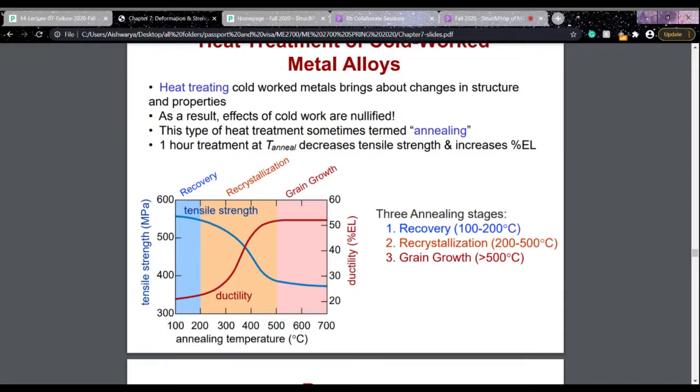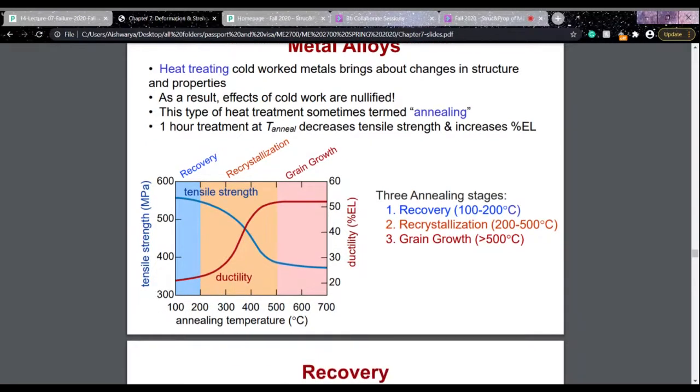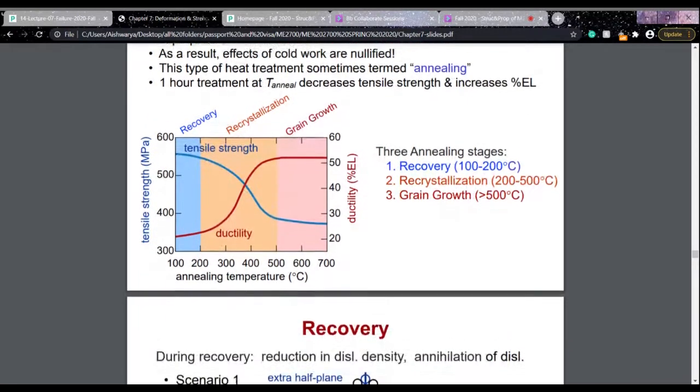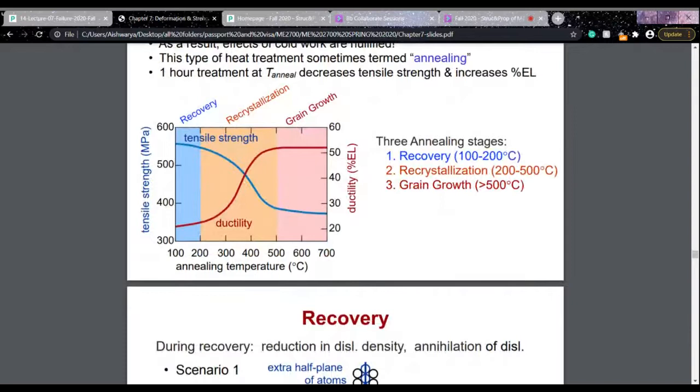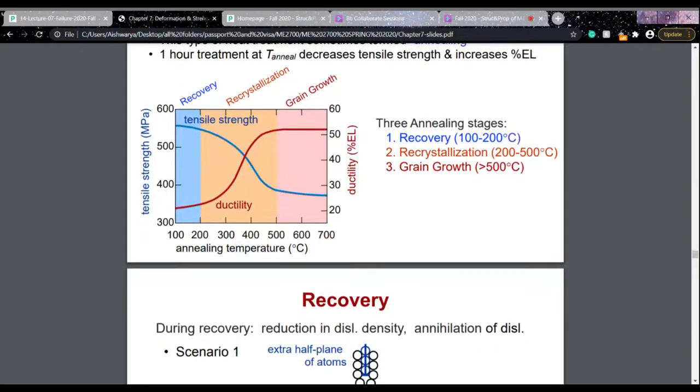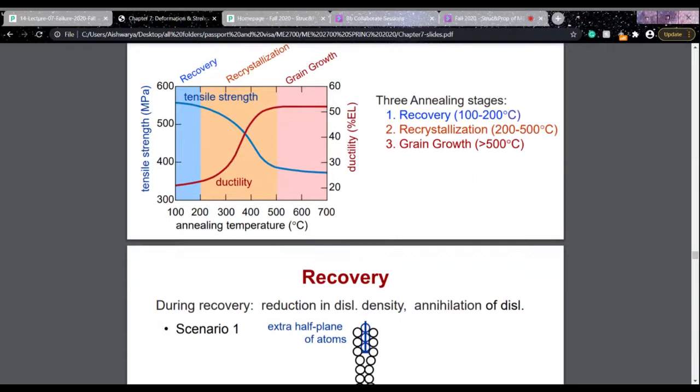It will have newly formed, randomly oriented equiaxed and strain-free grains, which are the finer grain structure. Then, by giving some time at the particular temperature, these grains that are formed will grow in size and grain growth occurs.